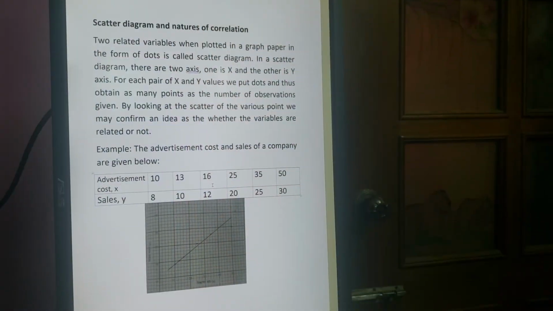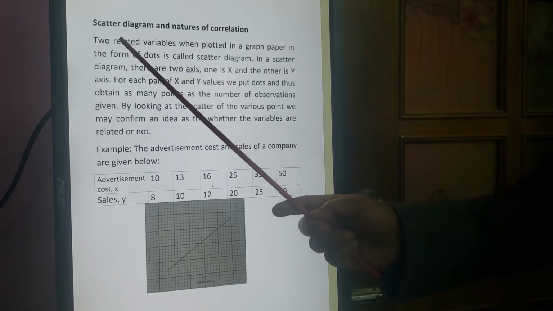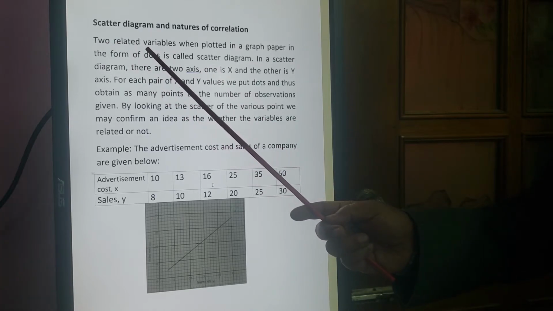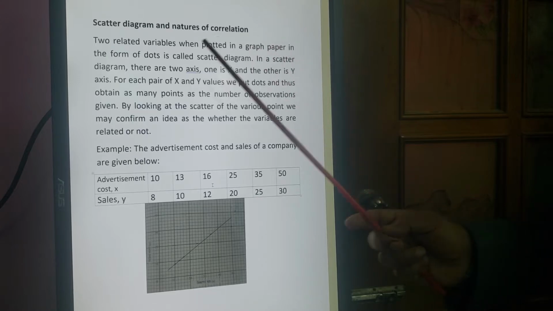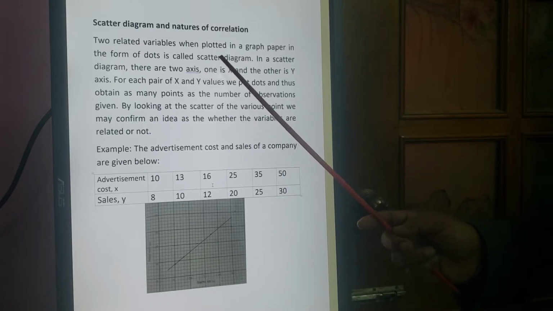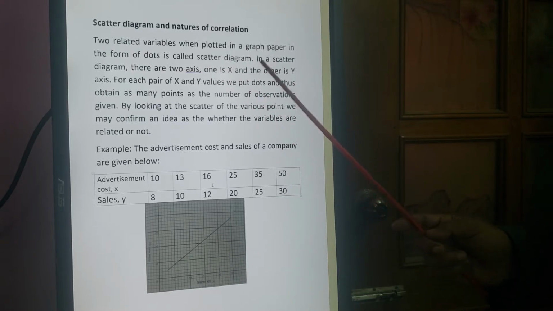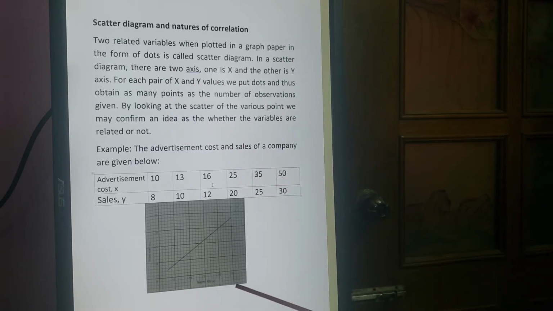Let us go to our topic. Scatter diagram: when two related variables are plotted on graph paper in the form of dots, it is called a scatter diagram. In a scatter diagram, there are two axes, the x-axis and the y-axis.